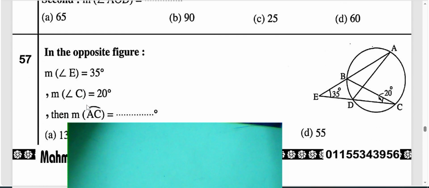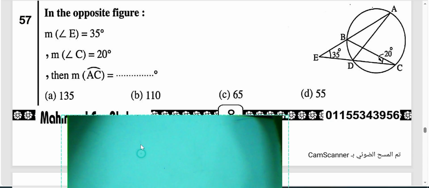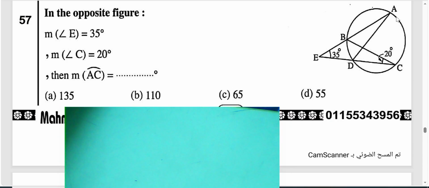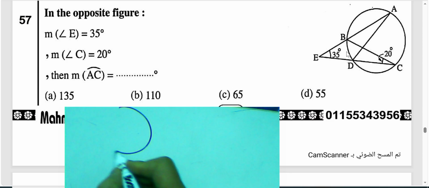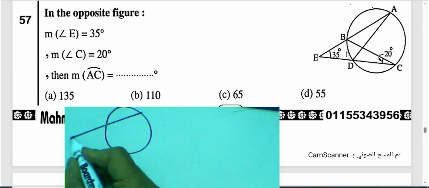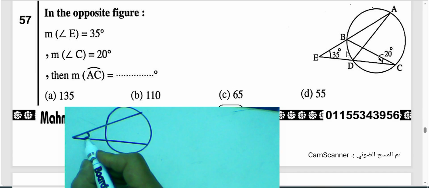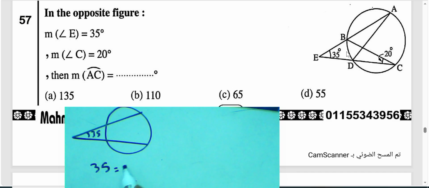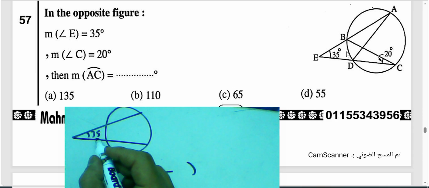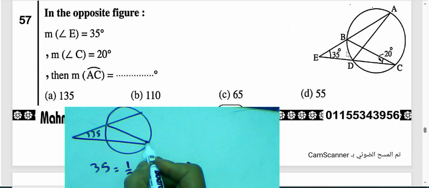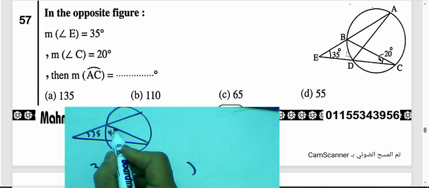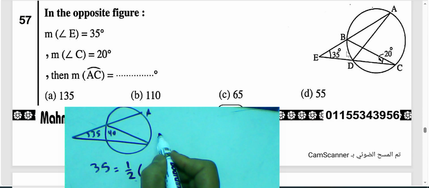Next question down here, we have a circle also, and he wants to find the measure of arc AC. First step, I can find the measure of arc BD will be 40 degrees. We have two chords intersecting outside of the circle. Then the angle between the two chords here will be 35, equivalent to half the difference between the two arcs. 35 here, and the arc here will be 40, and this arc AC I want to find.